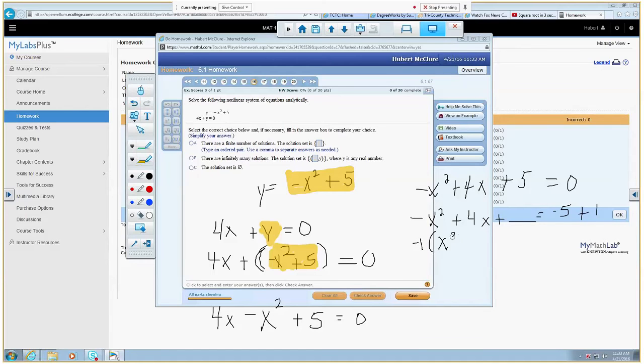X squared minus 4x plus blank is equal to negative 5. That's supposed to be a blank, not a 1. Why would it be a negative 1, but anyway, plus negative 1 times blank.